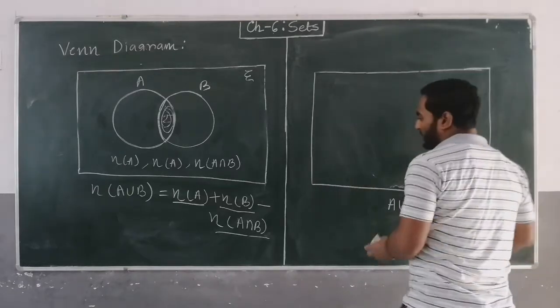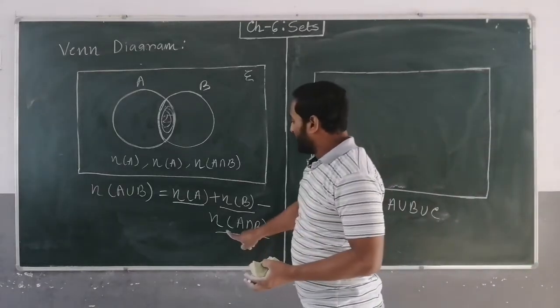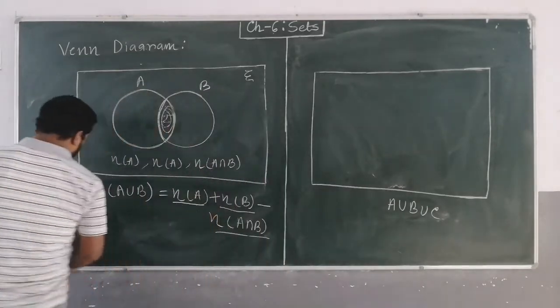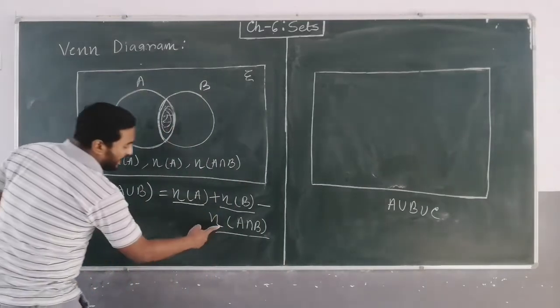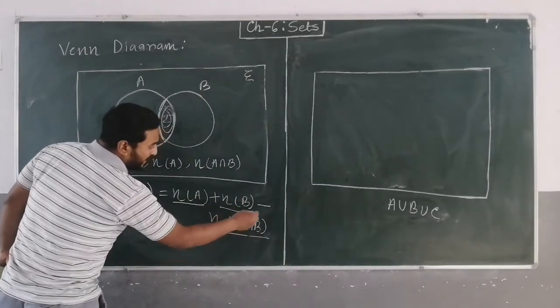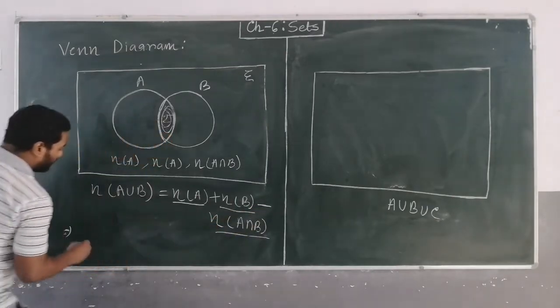Now the next thing. From that relation we can write another relation. If you take n of A intersection B to the left hand side, this is minus, so on the left hand side it will be plus.